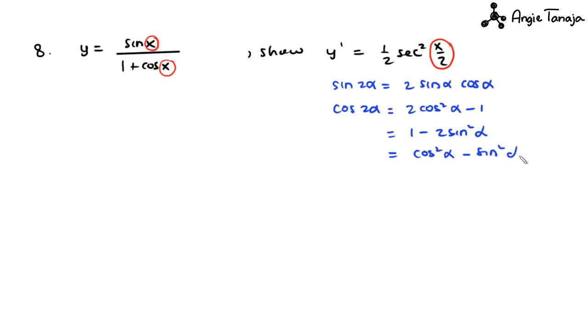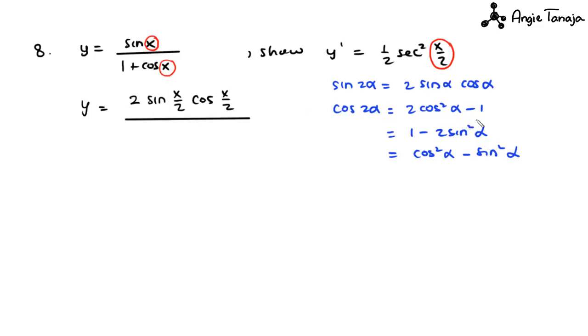It depends on the ratio of the other. Sin x becomes 2 sine x over 2, to make it the same form as the goal that we have, and then cos x over 2, over 1 plus cos x.